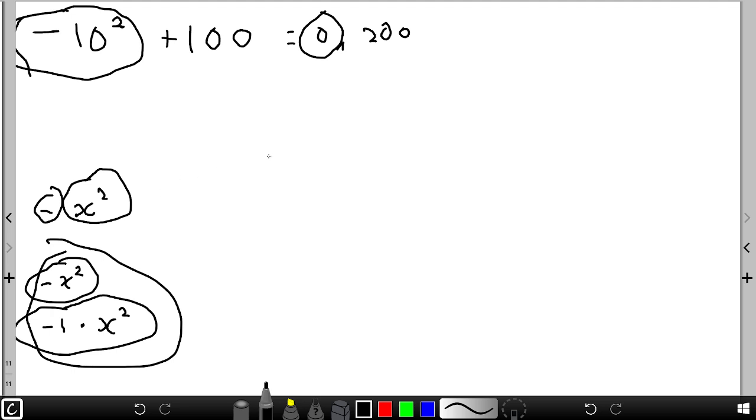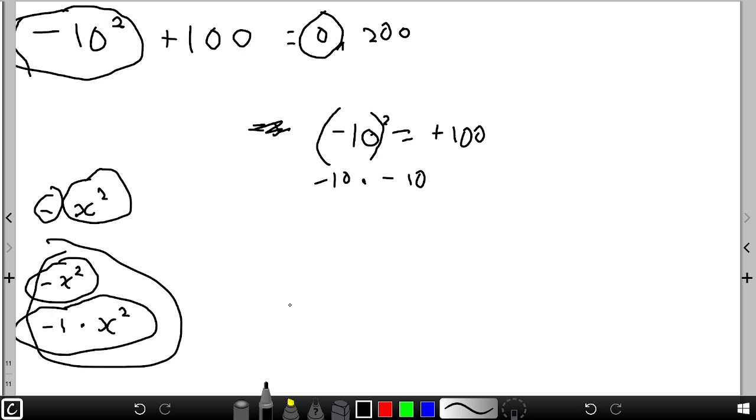Now, what most people's argument is, okay, well, negative of a number squared, say negative 10 squared, should give you positive 100, because that means negative 10 times negative 10. It doesn't, right? That would give you positive 100 if it was in brackets. Excuse the handwriting, I'm doing this with a mouse.